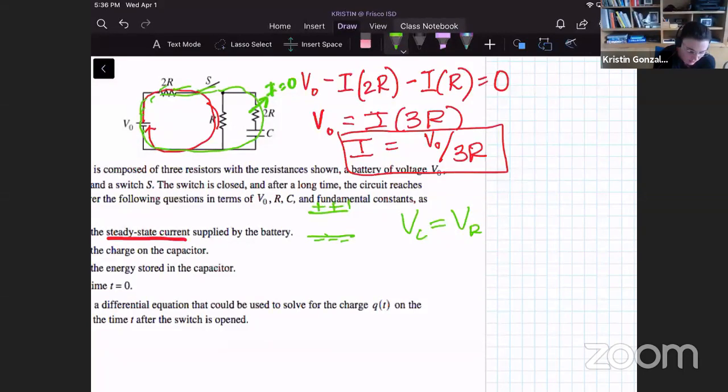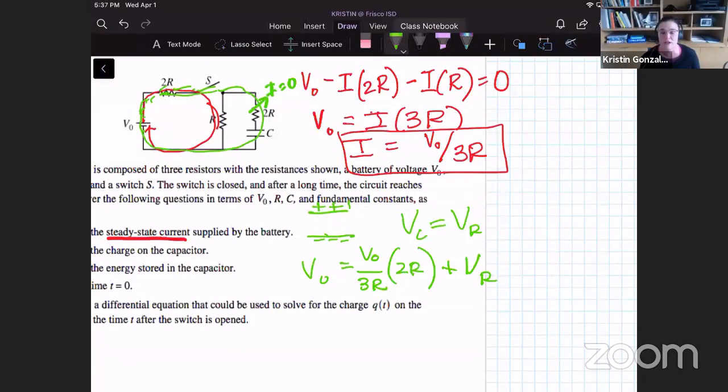V0 from the battery is equal to the current through that one, V0 over 3R, times its resistance, 2R, plus the potential difference across the resistor here, which we're just going to call VR, because that's really what we want to know. If we know the potential difference across this middle resistor, it's the same potential difference across the capacitor.